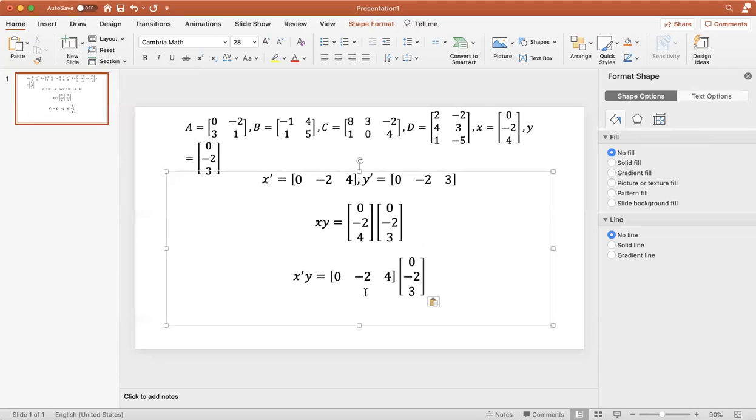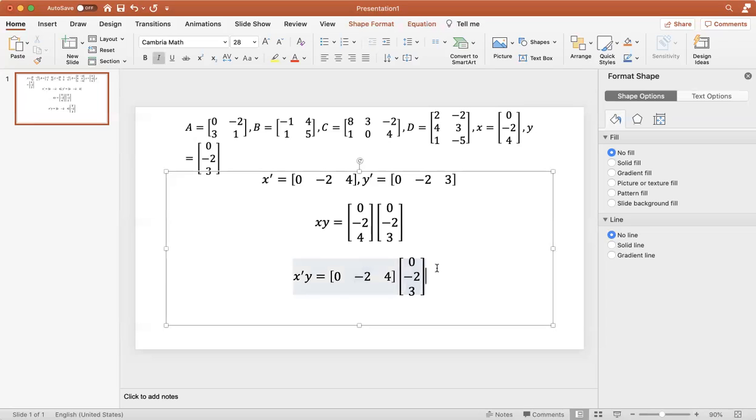This is a 1 by 3 vector. The second vector is a 3 by 1 vector. Since the number of columns matches the number of rows, we can do the multiplication.